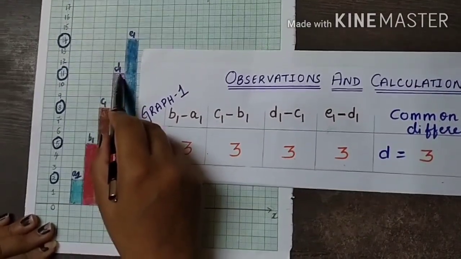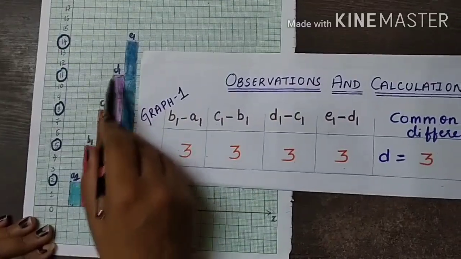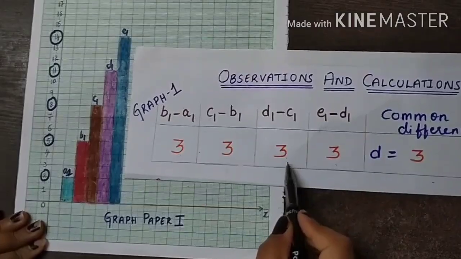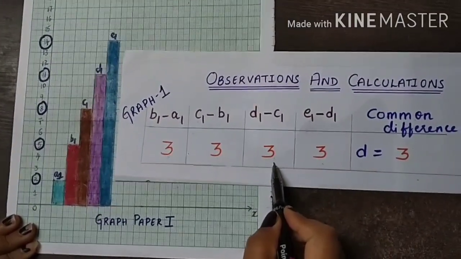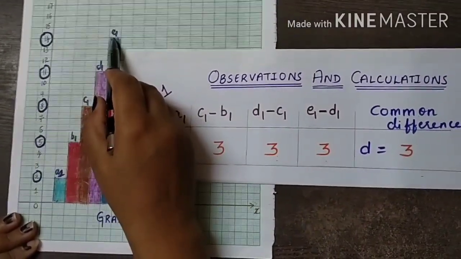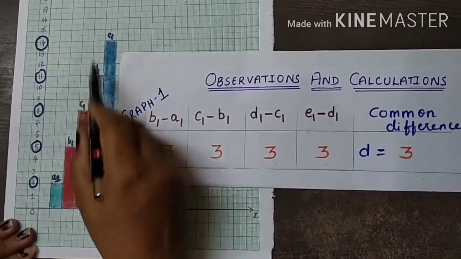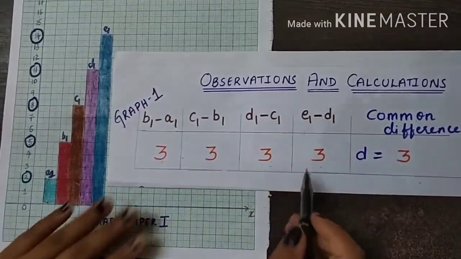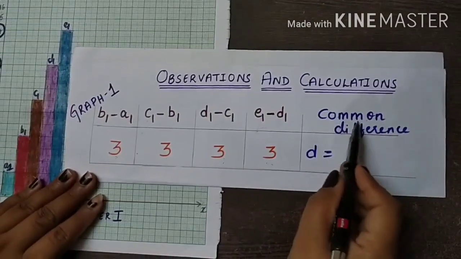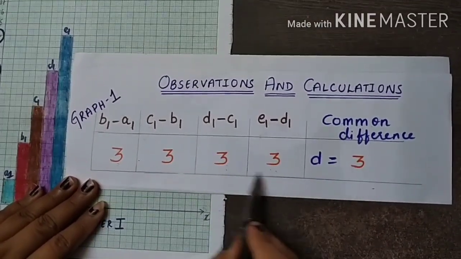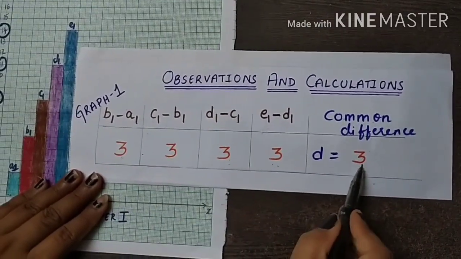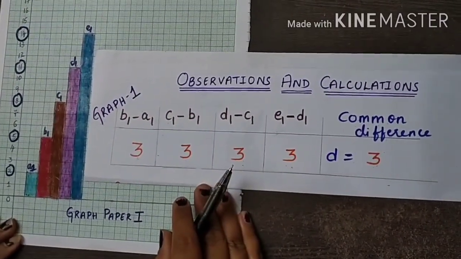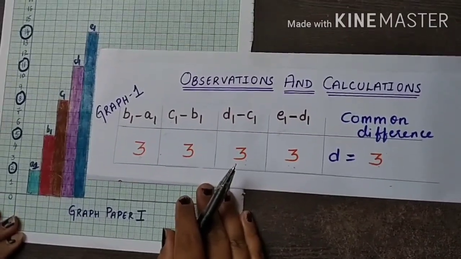D1 minus C1, 11 minus 8, the difference is 3. Finally, E1 minus D1, 14 minus 11, again the difference is 3. Common difference, you have the same difference 3 here, so d is equal to 3. So the graph paper 1 is forming a sequence and is an AP.